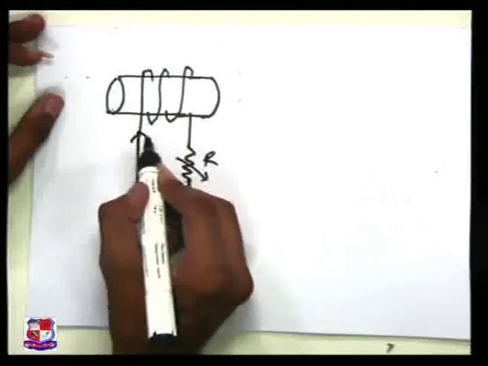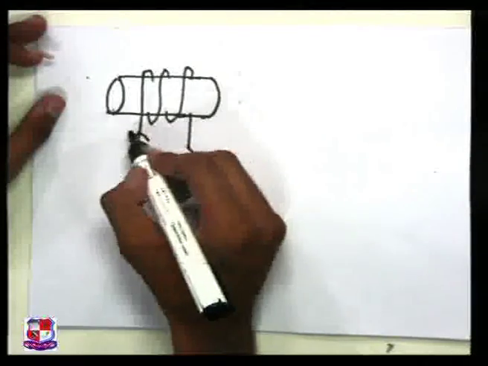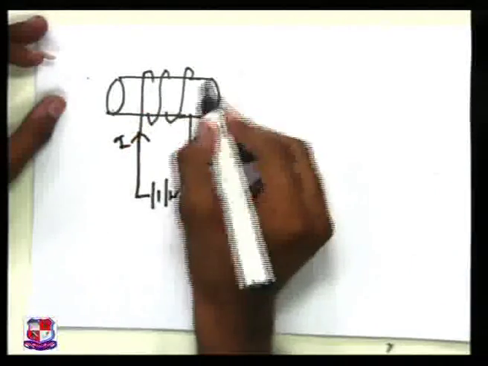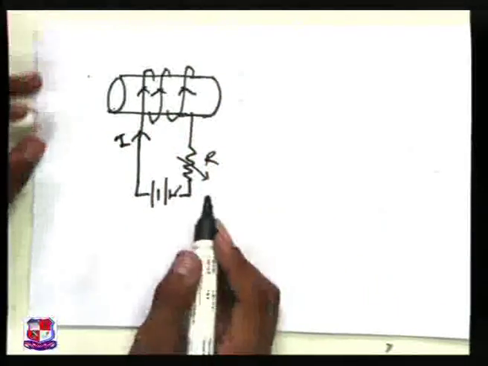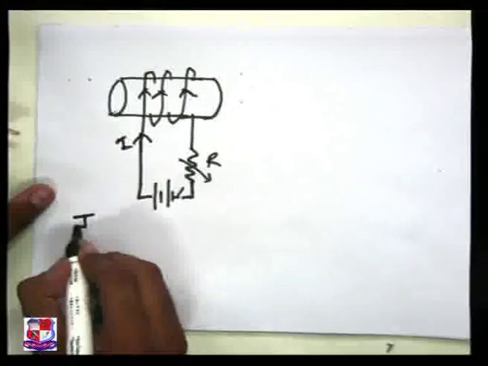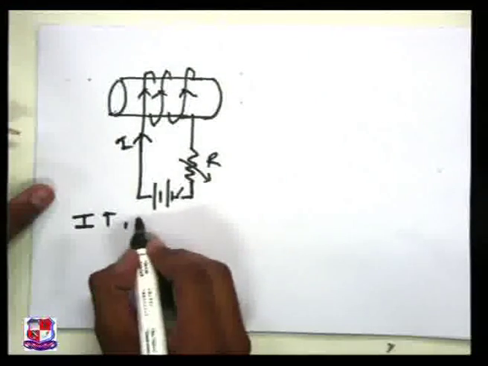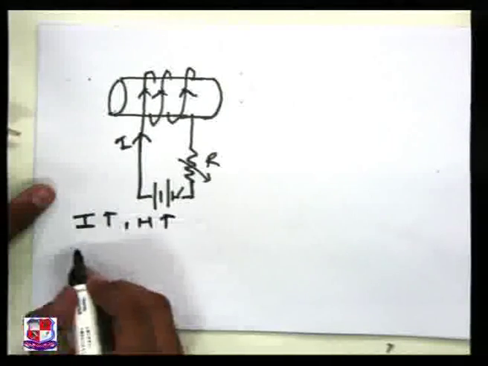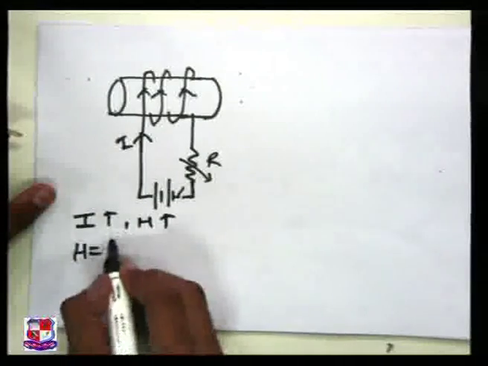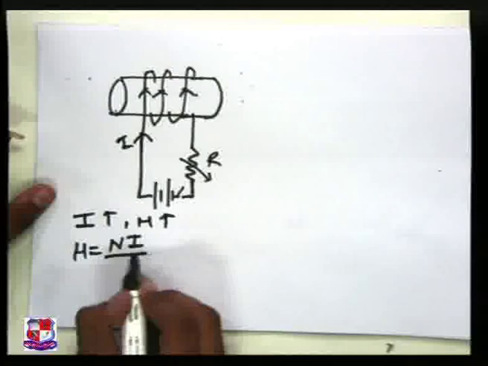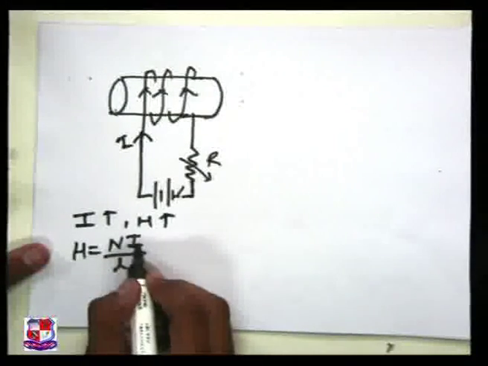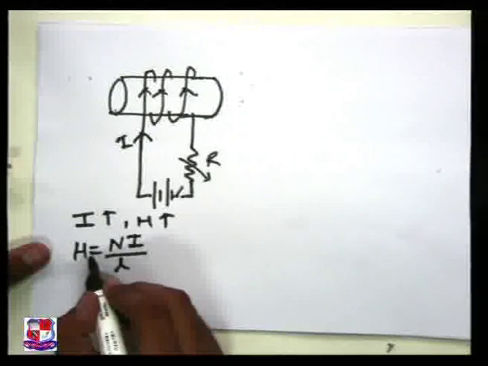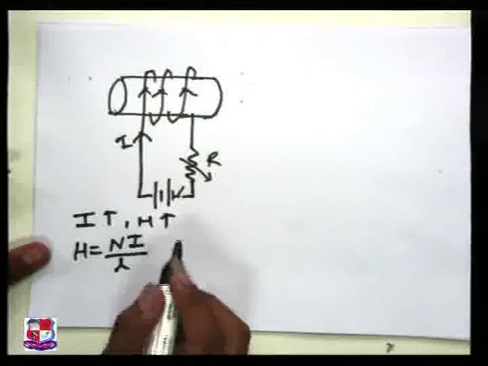So here when we close the switch, the current I will flow through the circuit, and if I increases, then H will increase, because we know that H is equal to Ni by L. So if the current in the circuit is increasing, then H, which is magnetic intensity, will also increase.